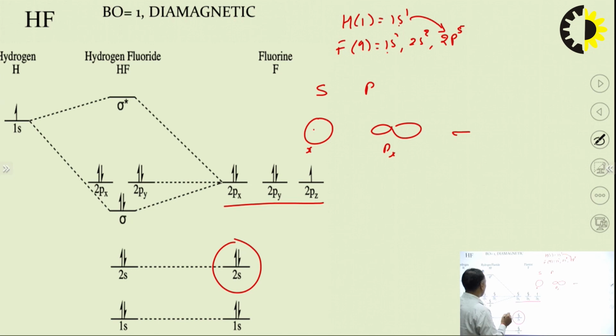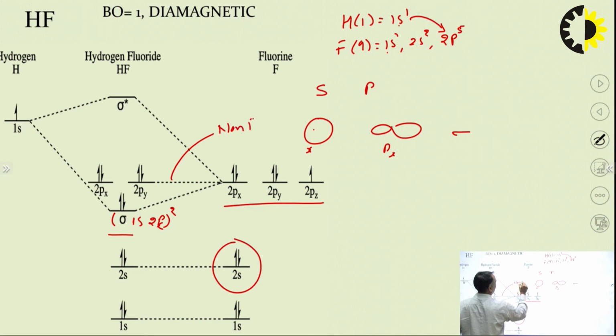Hence, electrons will go first in sigma 1s 2p, total electrons are 2, okay, sigma 2px 2. While these are basically non-bonding electrons. They will not participate in bonding.